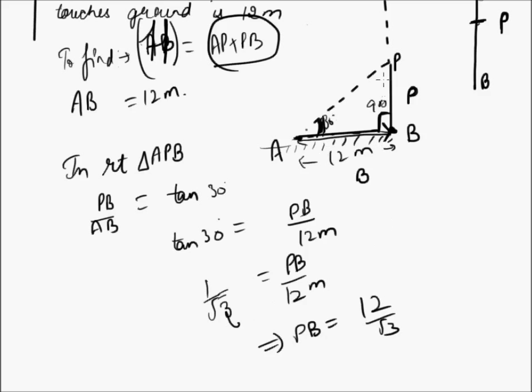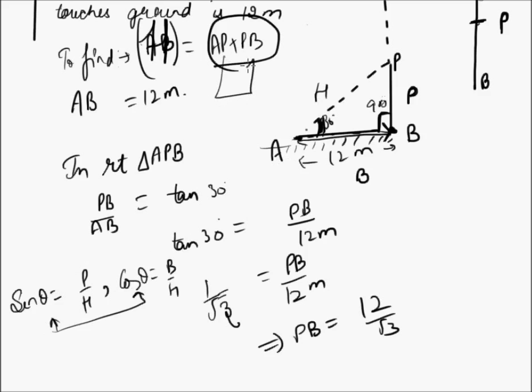We have also to find AP. Now friends, we know sin theta is perpendicular over hypotenuse, cos theta is base over hypotenuse. We can use either the sine or cos formula to find out this AP, the hypotenuse, because we have to find AP and PB, their sum. PB has no doubt been found over here, but AP is still left.